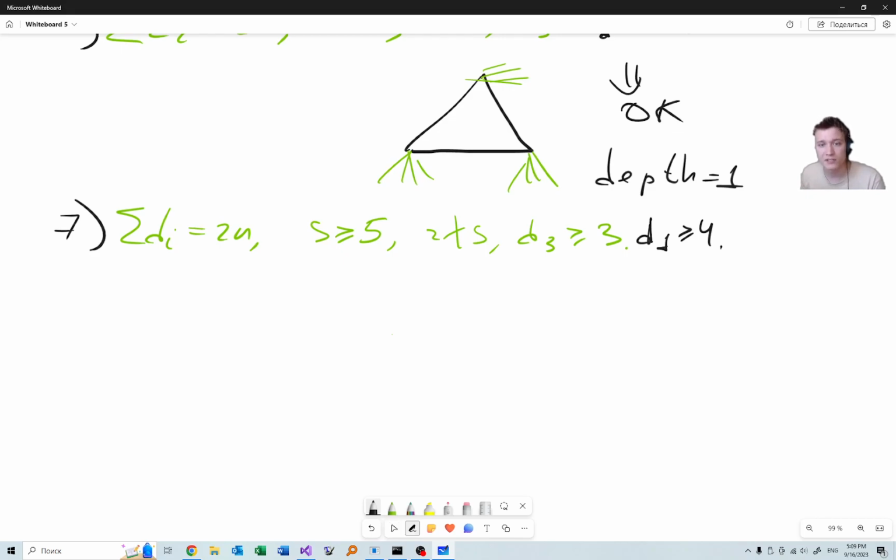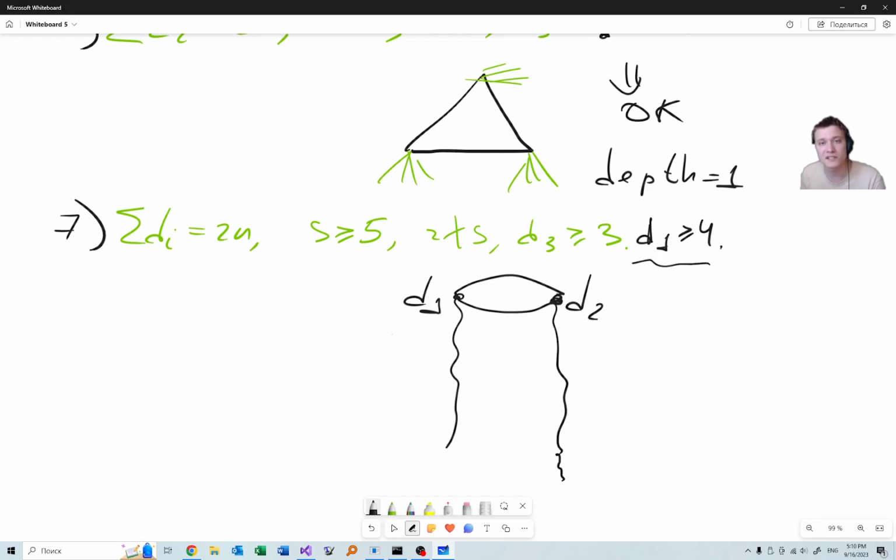Why is it important? Let's consider our baseline structure. We have d1 here, d2 here, and we make a bamboo here and a bamboo here. The issue is 2 does not divide s, so these bamboos cannot be of the same length. But if d1 is at least 4, we can fix this problem.